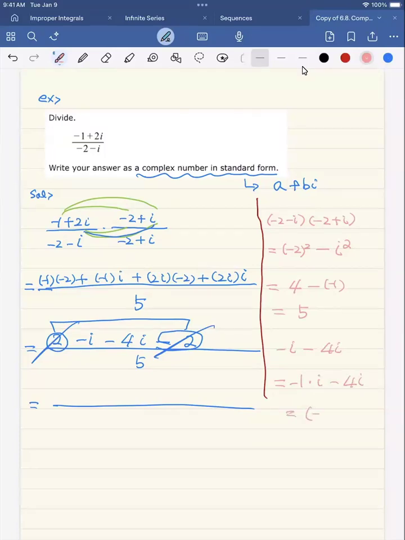So there's minus 1 minus 4, which is minus 5i. So that is minus 5i over 5. And this 5 and 5 will cancel each other, and we get minus i. This is the final answer.